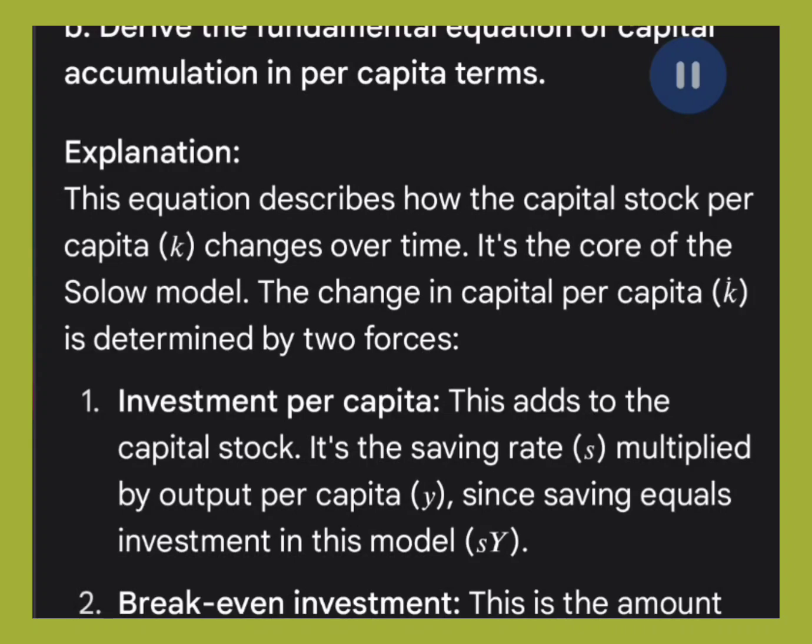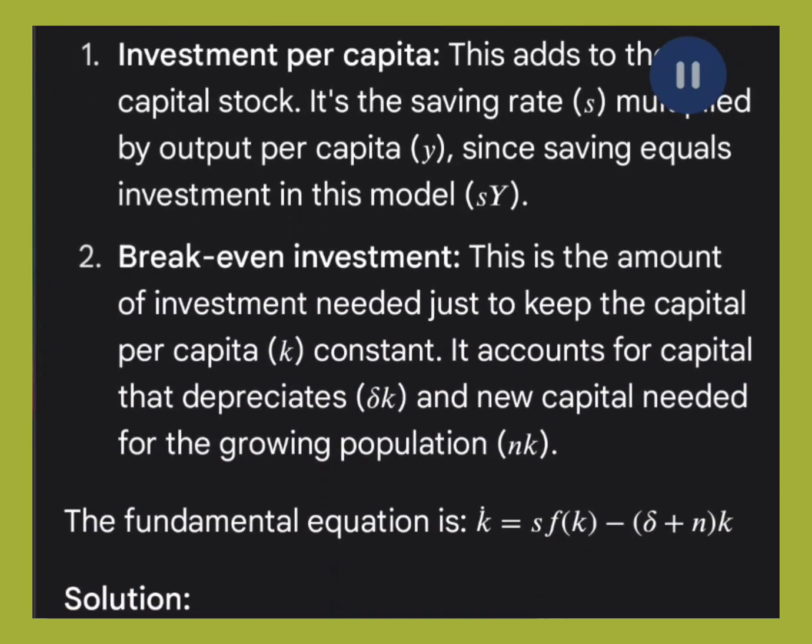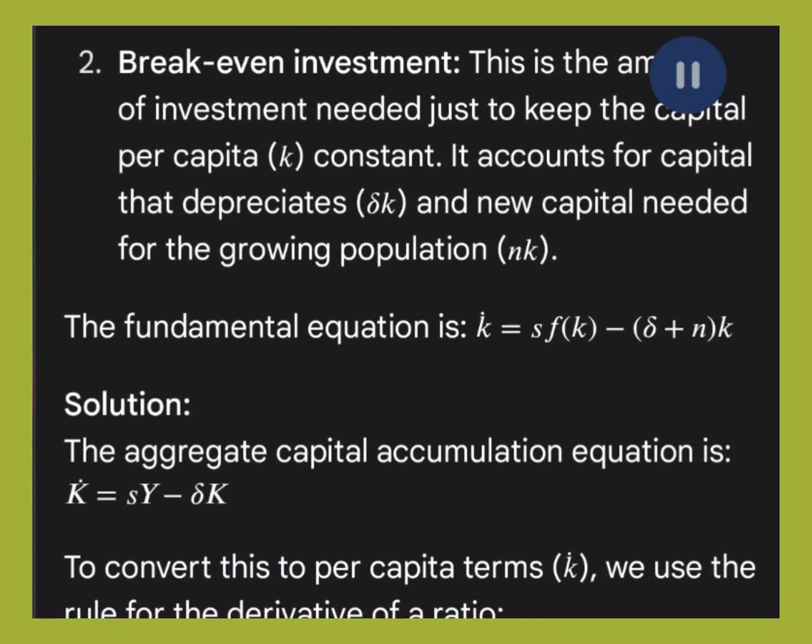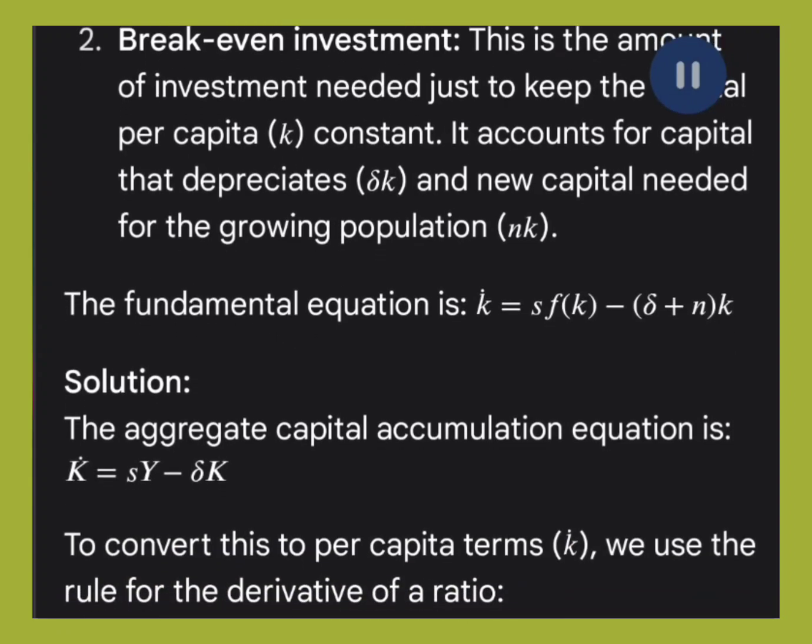It's the saving rate, s, multiplied by output per capita, y, since saving equals investment in this model, sy. 2. Break-even investment. This is the amount of investment needed just to keep the capital per capita, k, constant. It accounts for capital that depreciates, delta k, and new capital needed for the growing population, nk. The fundamental equation is k dot equals s f of k minus, open parenthesis, delta plus n, close parenthesis, k.